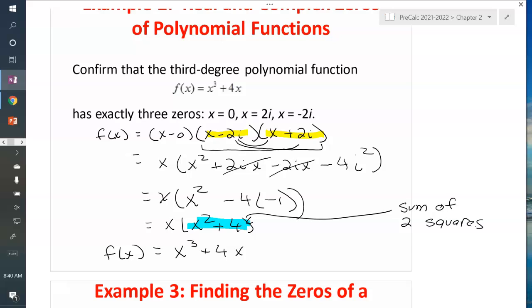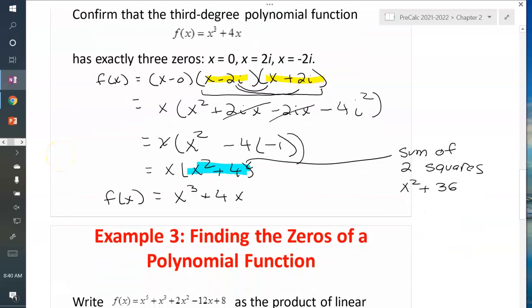So if I need to factor a sum of two squares, so x squared plus, let's do 36. What I'm going to do, two sets of parentheses, x, square root your second term, 6, 6, 1 positive, 1 negative. So far this is just like difference of two squares. Now I have to put in the i's.